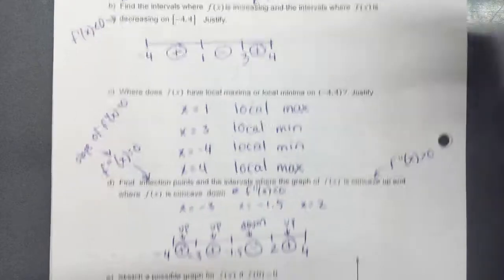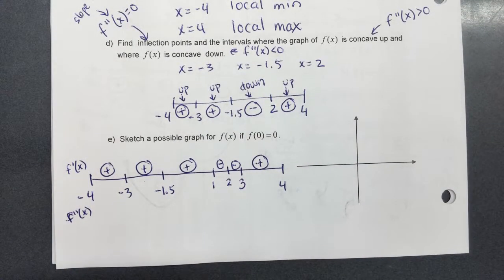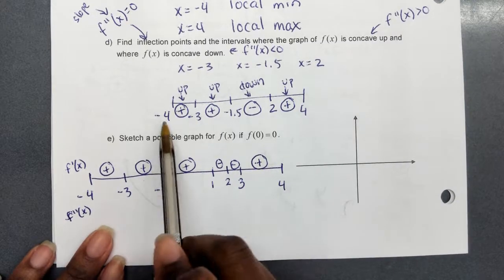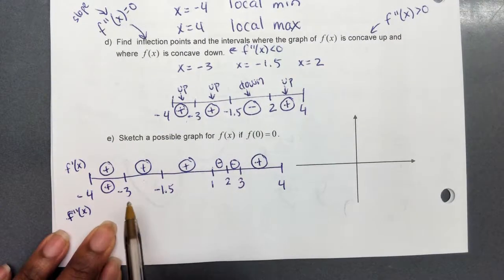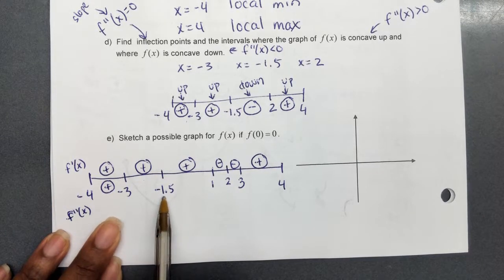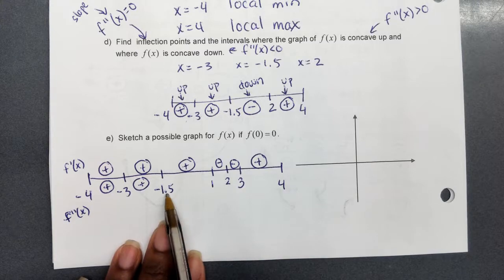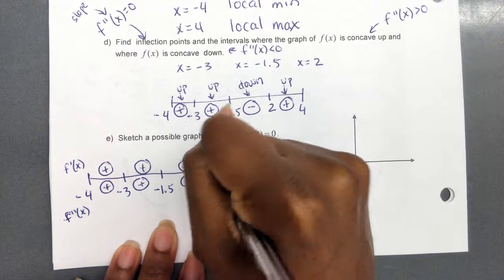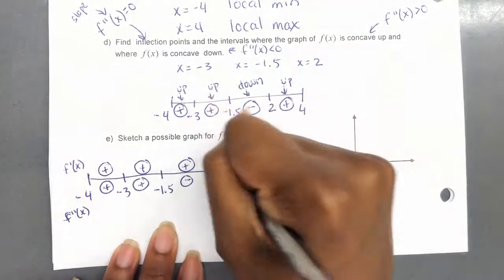And then from 3 to 4, we're positive again. And then for our second derivative test, from negative 4 to negative 3, we were positive. From negative 3 to negative 1.5, we were still positive. From negative 1.5 to 2, we were negative. From 2 to 4, we're positive.